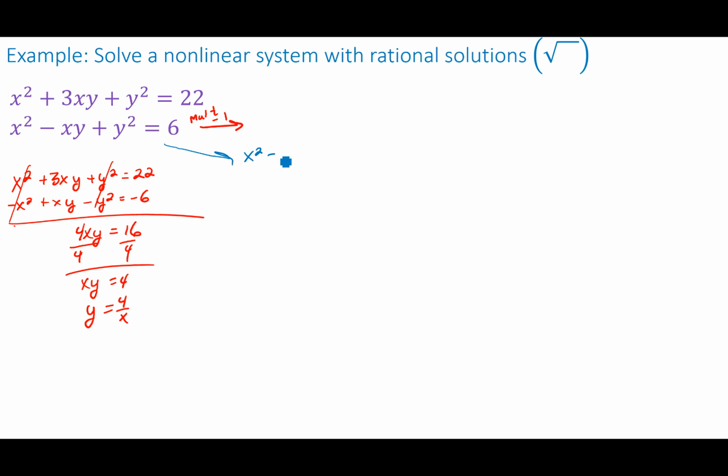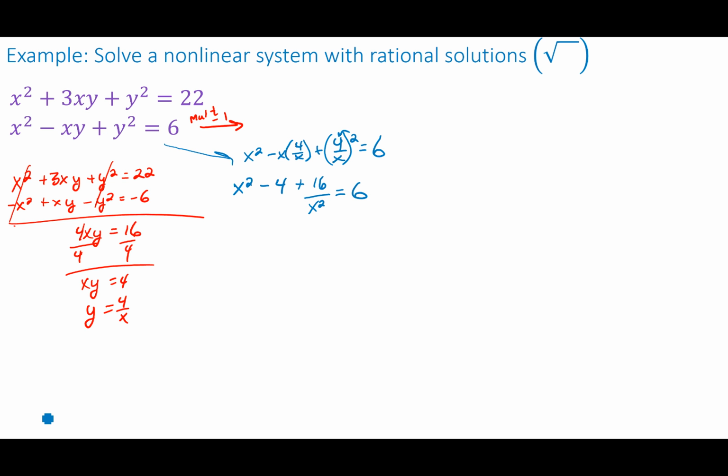So I have x squared minus xy plus y squared equals 6, but we know again our y is 4 over x. So we have x squared minus x times 4 over x, which leaves just the 4, since the x's go to a useful form of 1. And 4 squared over x squared becomes 16 all over x squared, and that still equals 6.